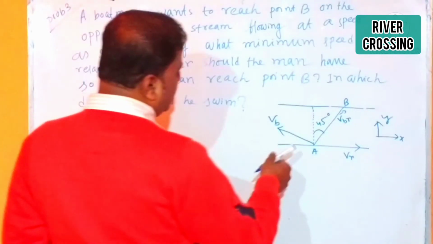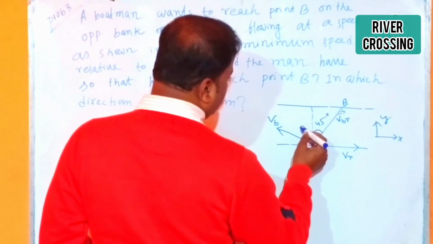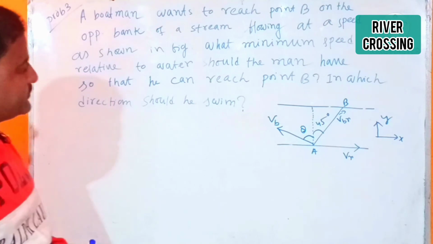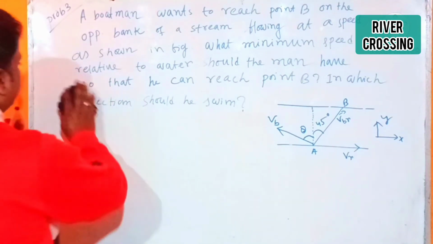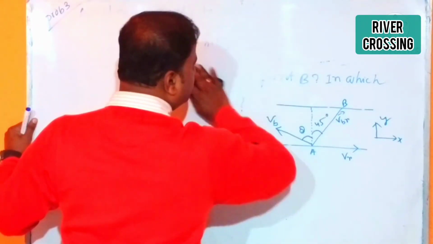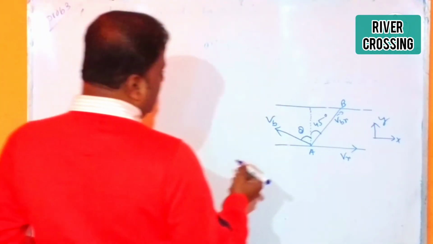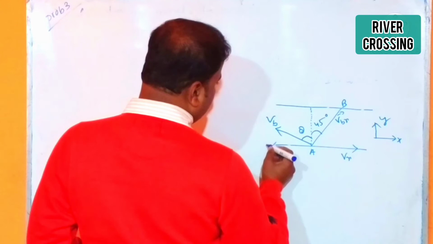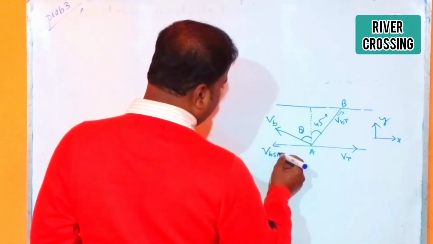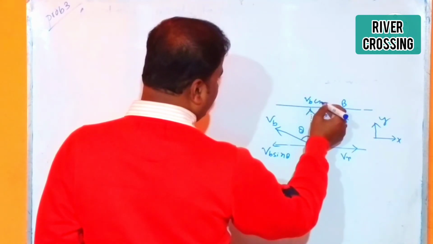Say the boatman moves along this direction with velocity VB with angle theta. Now we resolve this component VB. This is VB sin theta, and along this direction VB cos theta.